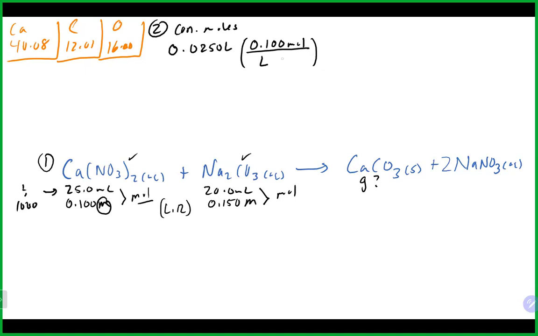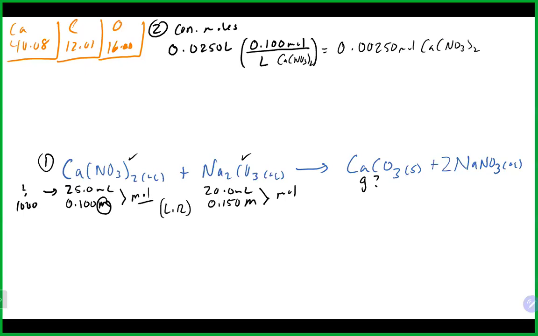And that is our calcium nitrate here. That is going to give us moles: 0.025 times 0.1, 0.0025 moles of calcium nitrate.